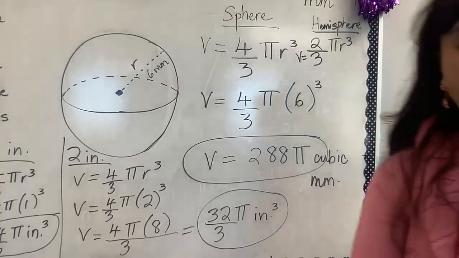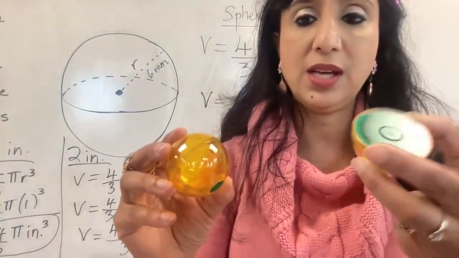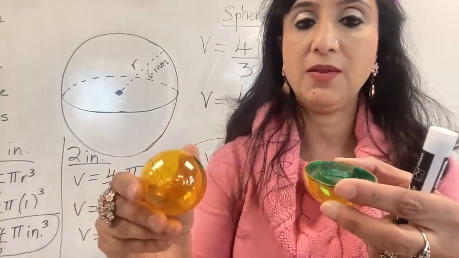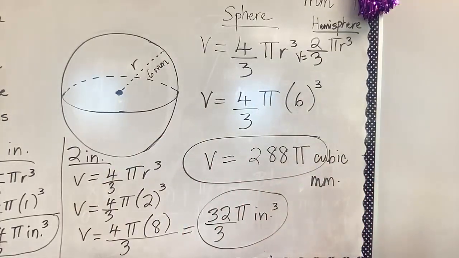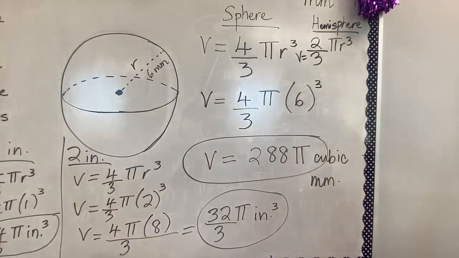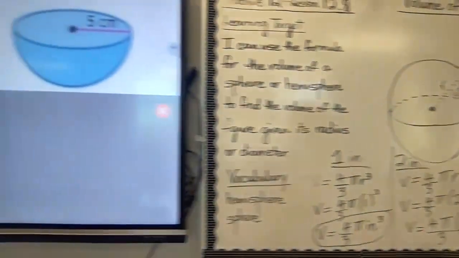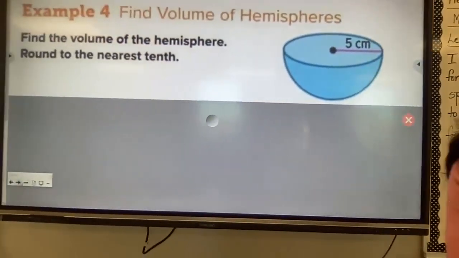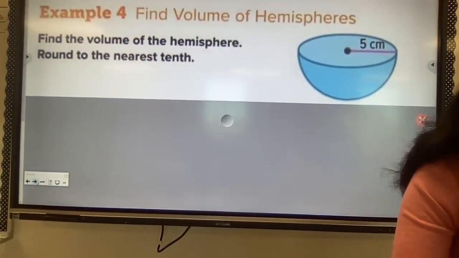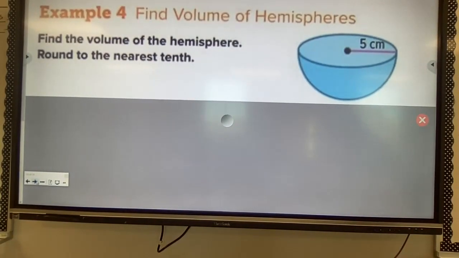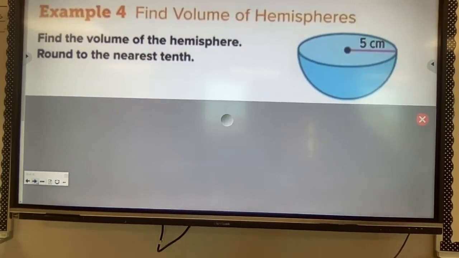That's because of what I just showed you: this is half of this. Now let's go ahead and solve the problem. Now that we understand the relationship between the formulas, we are going to find the volume of the hemisphere and round to the nearest tenth.